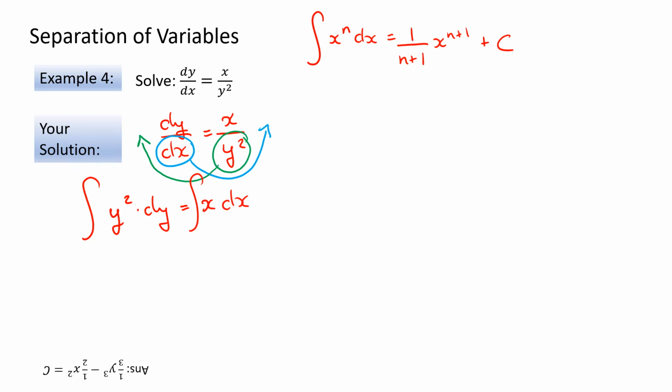If we take the integral, on the y side, we get 1 over 2 plus 1, y to the 2 plus 1, is equal to 1 over 1 plus 1, x to the 1 plus 1. And I'm going to add a constant. Now, you can add the constant to either side. It really doesn't matter.